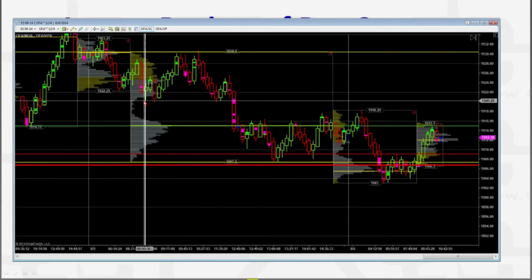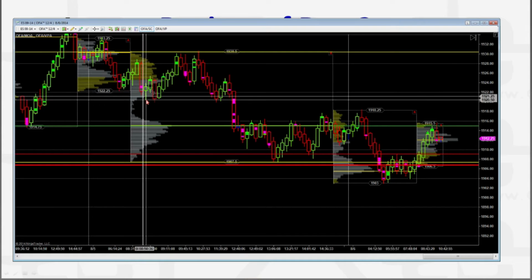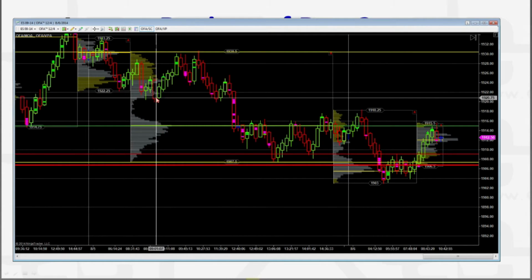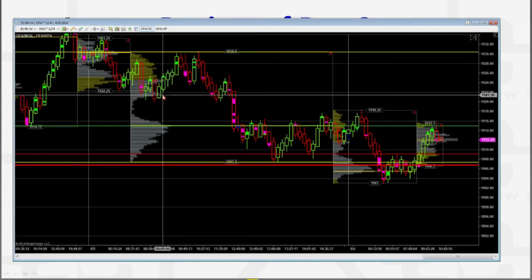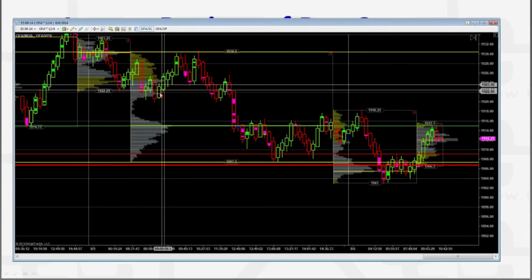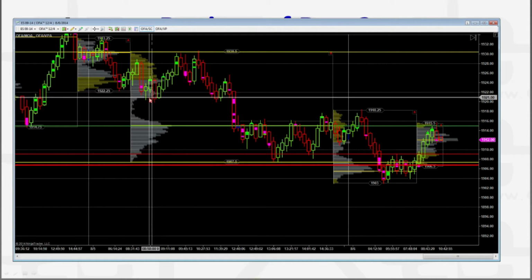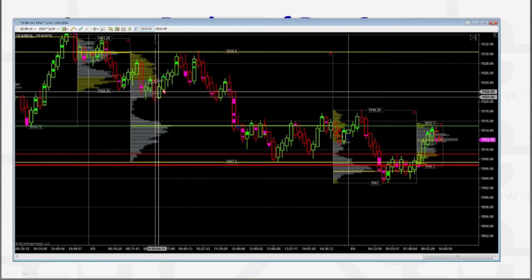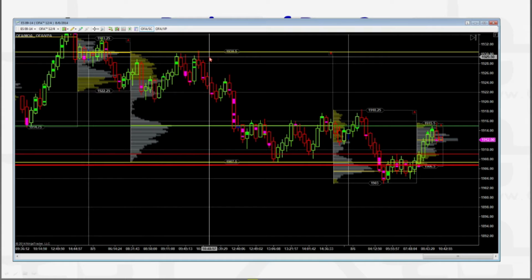So let's just say price gets up here again, sellers aren't willing to take this back down, and if they try, buyers hold them, and it starts moving back above this 21 level, then again, it's all about probabilities. The probability here is that price is going to start moving up through yesterday's distribution, and we'll see another distribution today that is above 21, 22, and give reason for price to go higher.